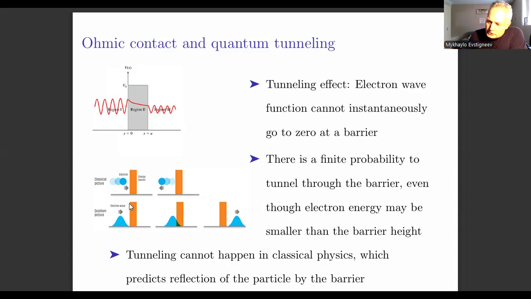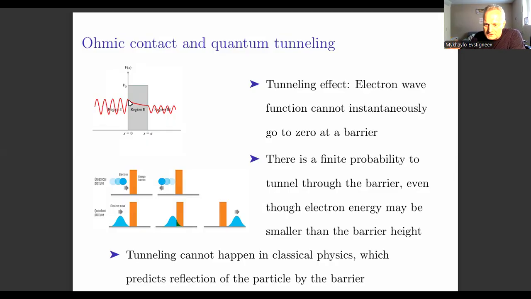But if you take into account the wave nature of particles, then the wave function, when at the contact with the barrier, at the position where the barrier is, the wave function of the electron cannot go immediately to zero. It will decay quite quickly into the barrier, but it does not go to zero immediately, because nature doesn't like it when things change immediately.